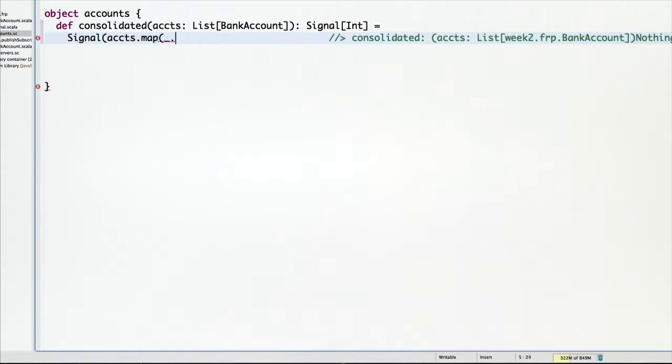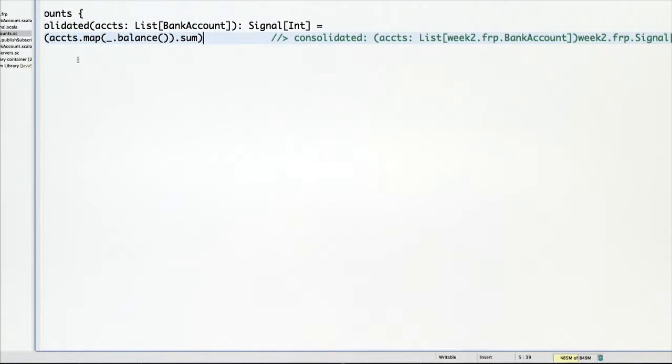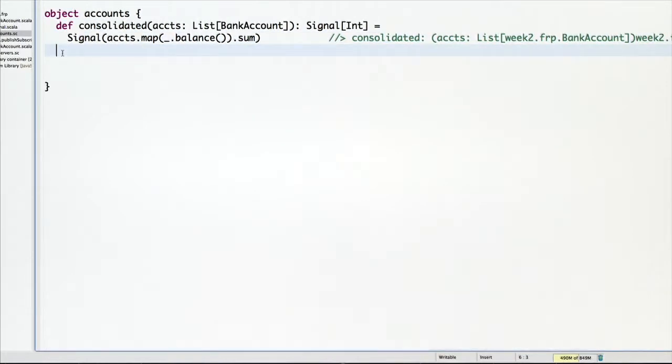For each one we take the balance, and we take the sum of the whole thing. And of course we have to take the balance at the current time, so it would be written like this. So that gives us the function consolidated.